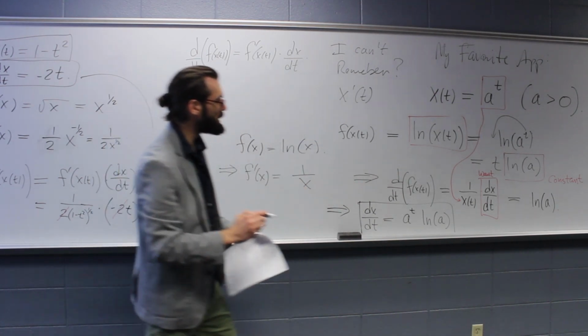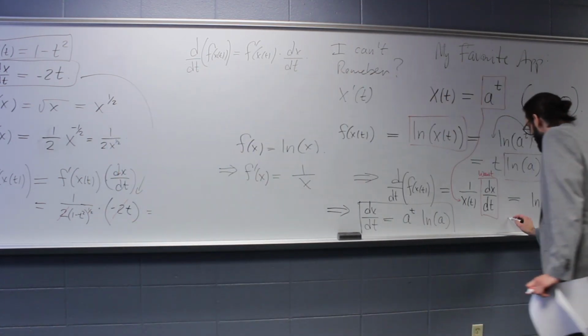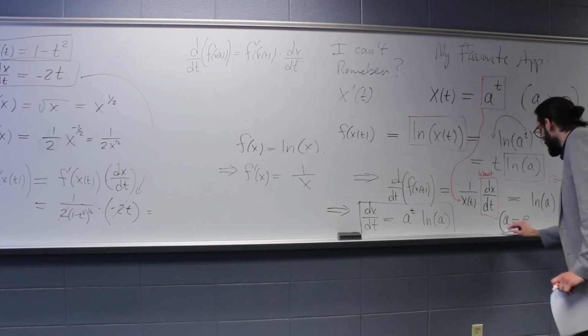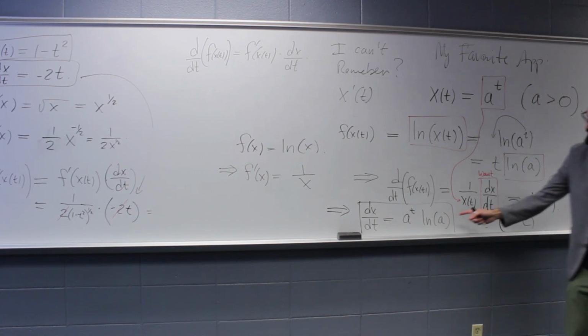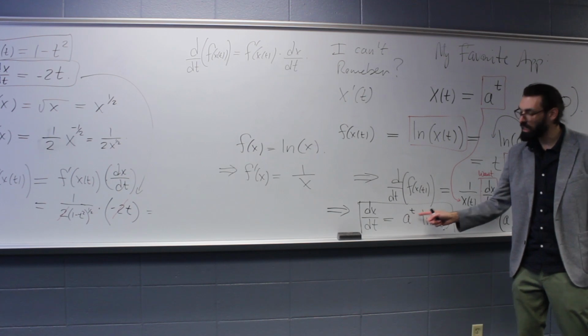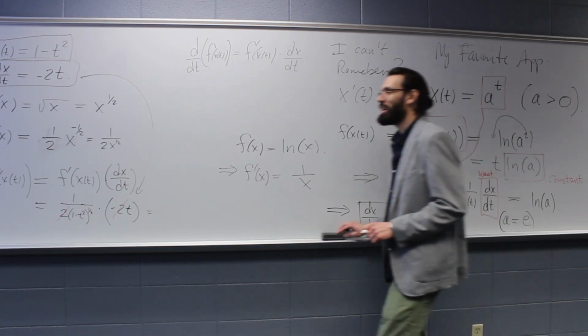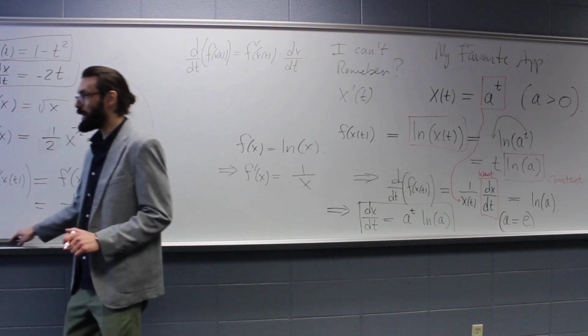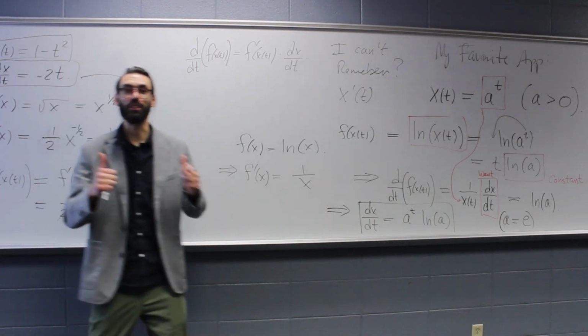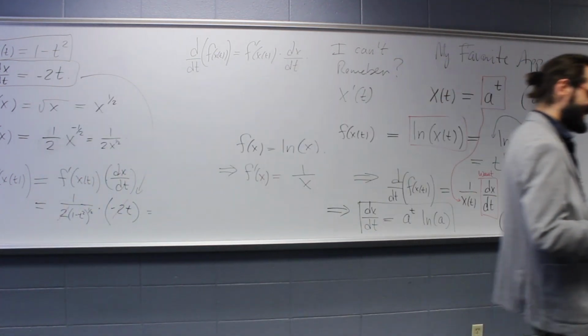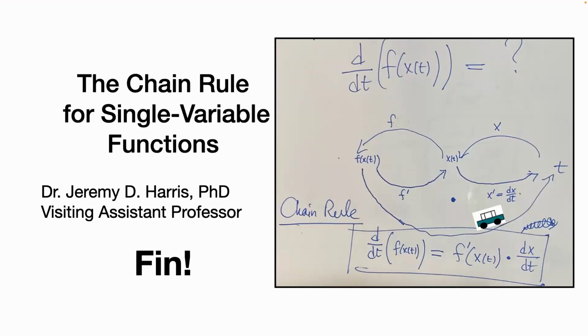And we see, what if a equals the natural number e? Ln of e is 1, and we'll just get e to the t. So we've successfully done my favorite application, and that concludes our inquiry into the chain rule for single variable functions.